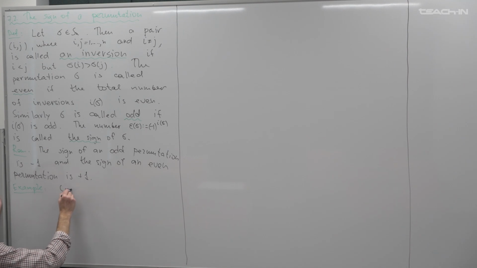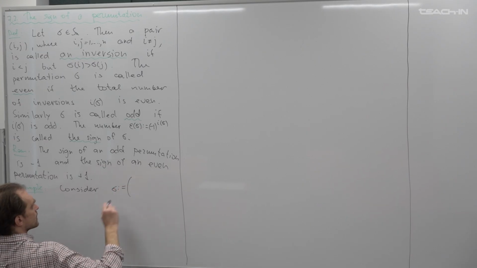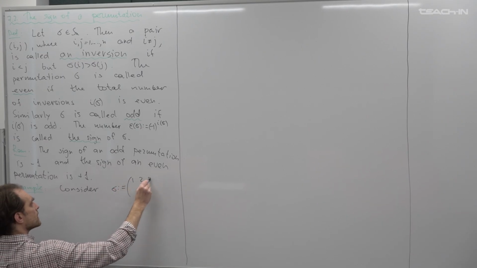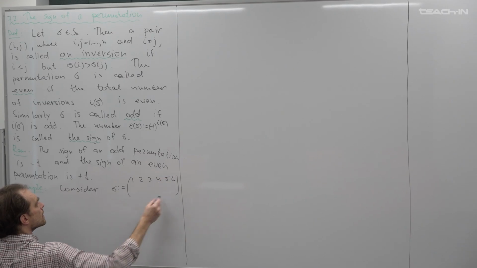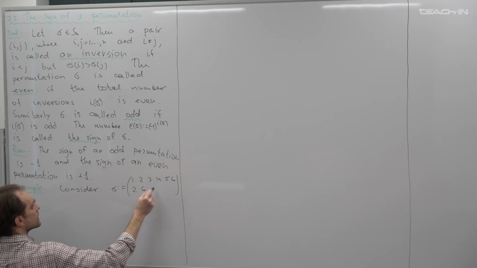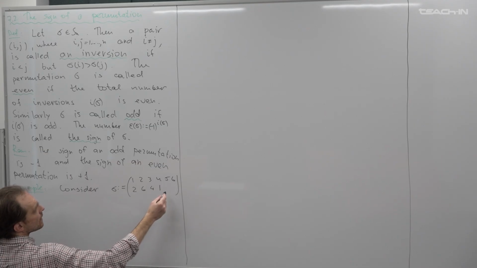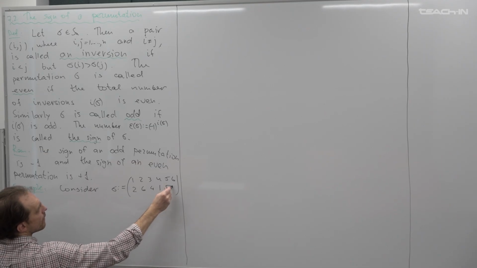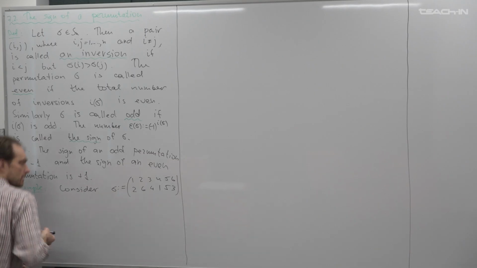Okay, and so let me consider some example in order to support this definition. So consider sigma. I will consider a permutation of a 6-element set: 2, 6, 4, 1, 5, 3.